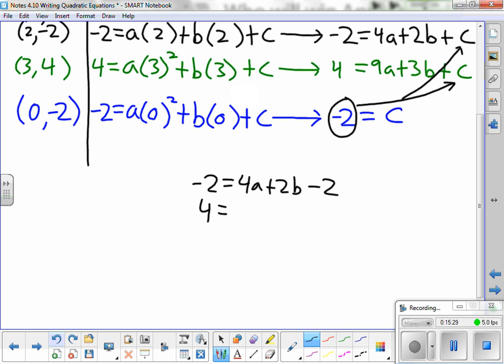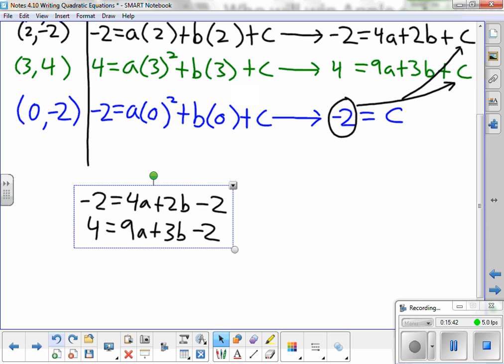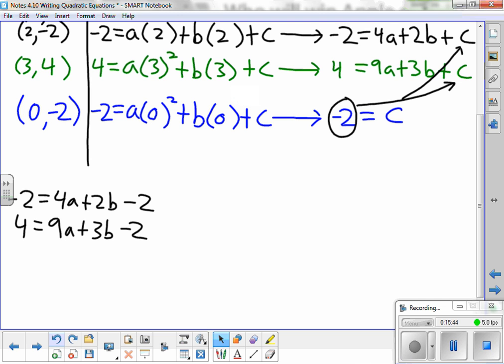4 equals 9a plus 3b and then minus 2. And let me move this over. Okay. Now what I'm going to do is, on both equations, I'm going to add 2 to both sides.